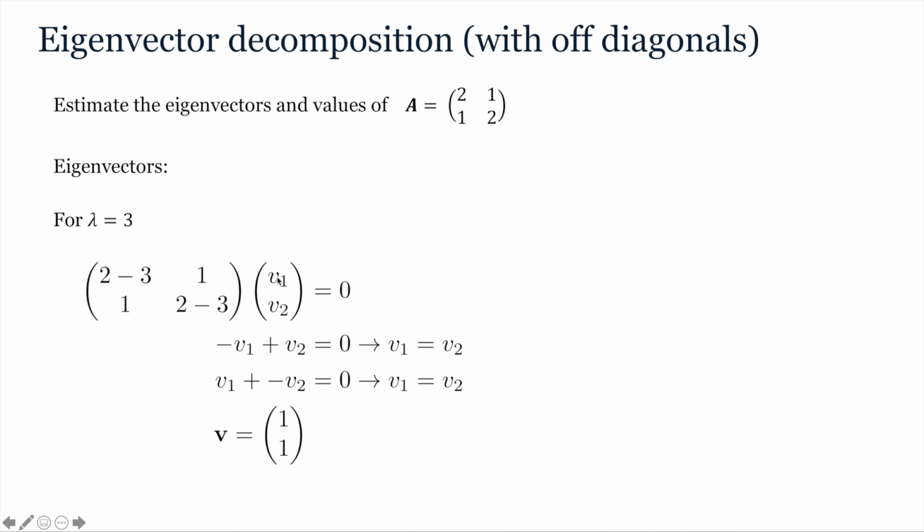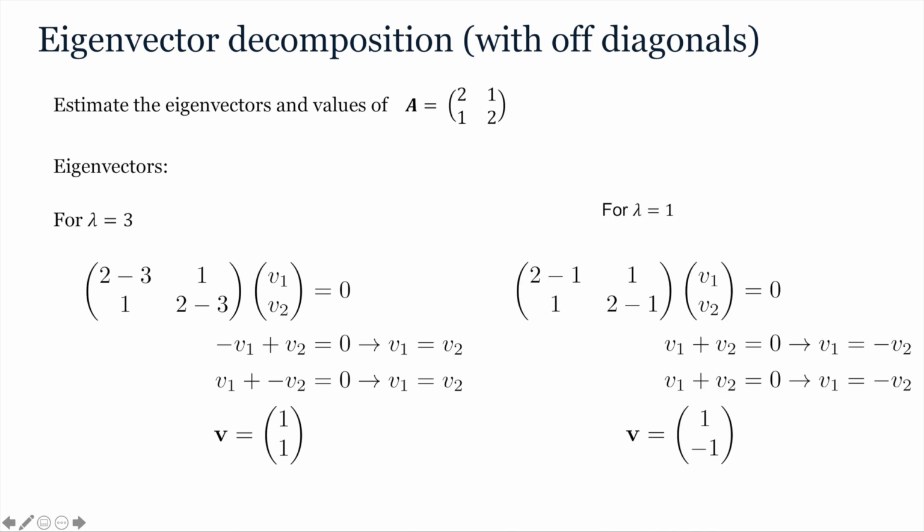When we multiply out these equations, it returns minus v1 plus v2 equals 0 for the top row, and v1 minus v2 equals 0 when multiplying out the second row, which, after rearranging, tells us that v1 must be equal to v2. So as this is arbitrary up to a constant, we can define the eigenvector corresponding to the eigenvalue 3 for this matrix as the eigenvector 1, 1.